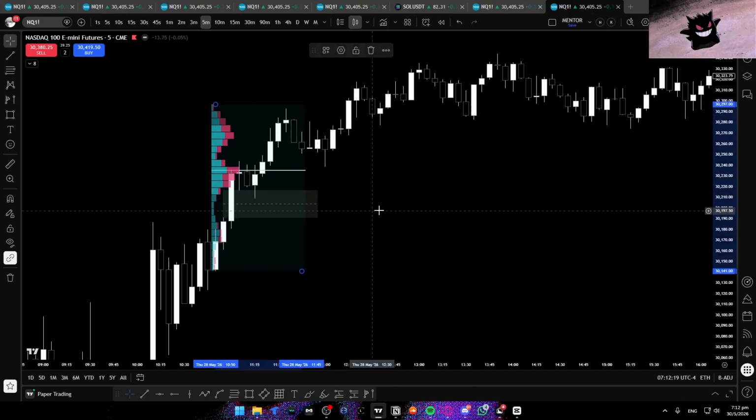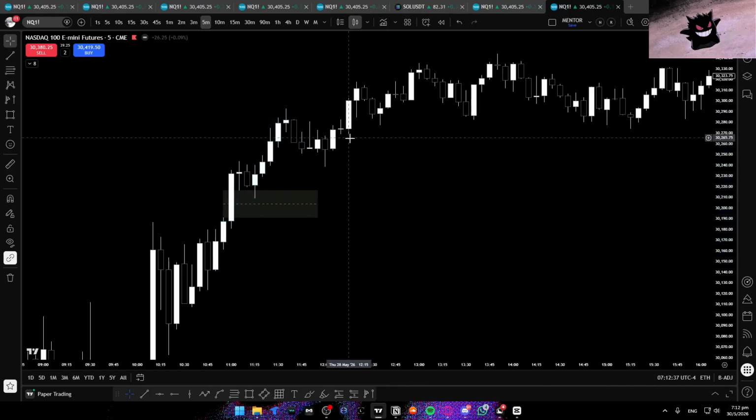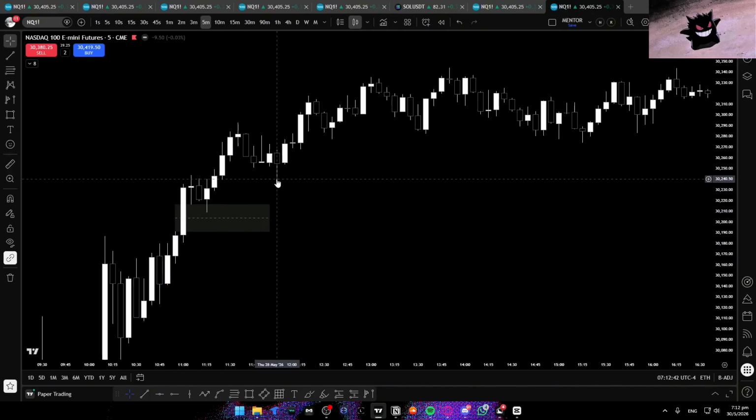That's why it's called inefficiency, right? People weren't selling over here, that's why it's just a huge bullish candle right here. And so when price tries to go down here, it immediately gets bought up by the buyers, and we just fling up, right? This is why this is called a bullish gap, a fair value gap.